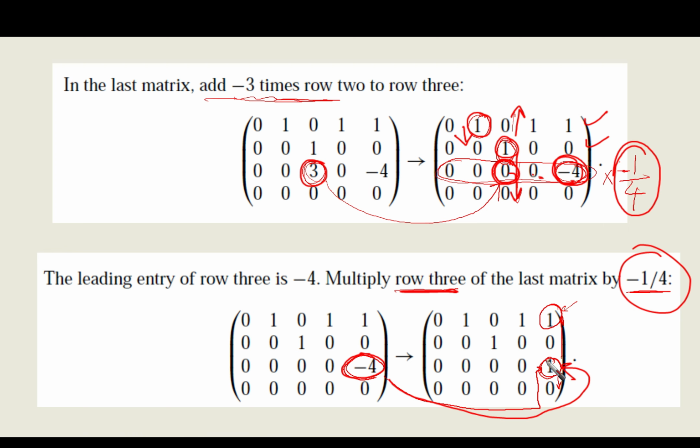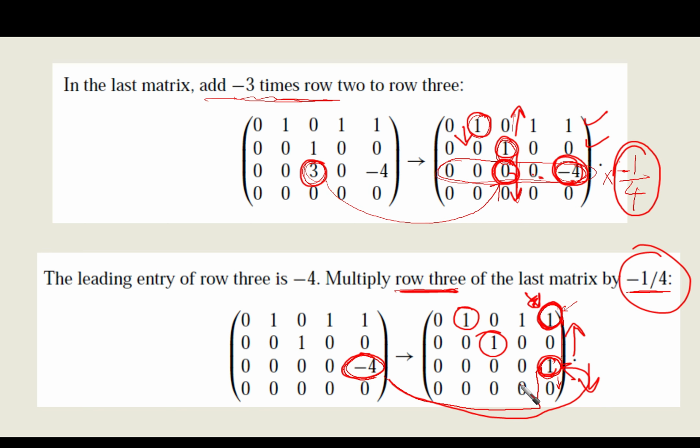So now we have row 1 leading entry, row 2 leading entry, and then row 3 leading entry 1. Then we should look above and look below. Below no problem because it is zeros here. And above there is no problem in this element, it is 0, but here that's the problem, which is 1 here. We need to get rid of it and make it 0.